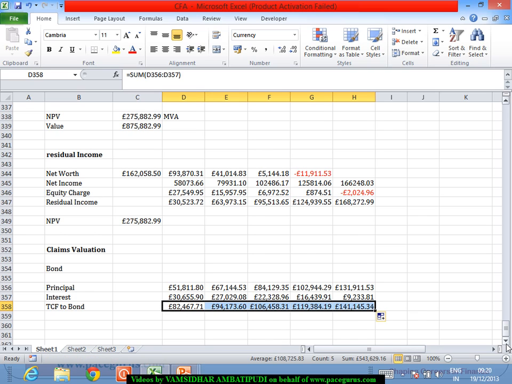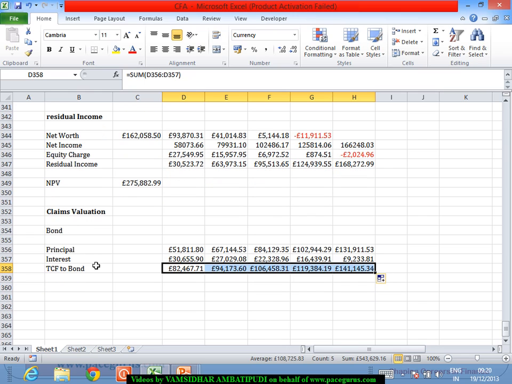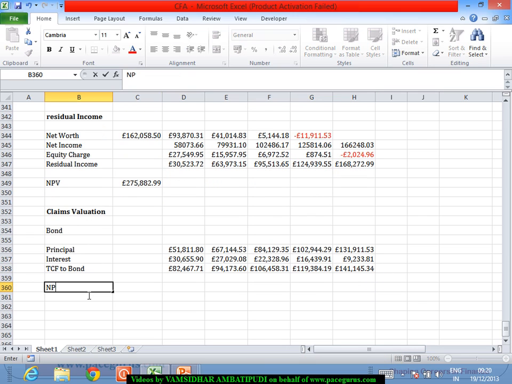And all I can do is discount these to the present value by using the cost of debt. The cost of debt in our case is 7%, right?